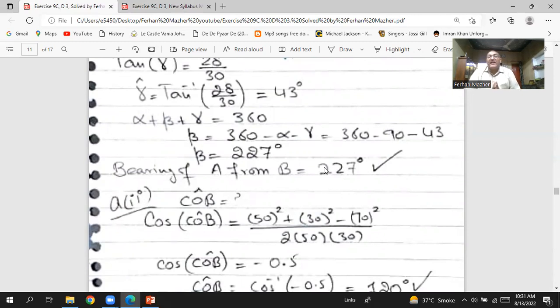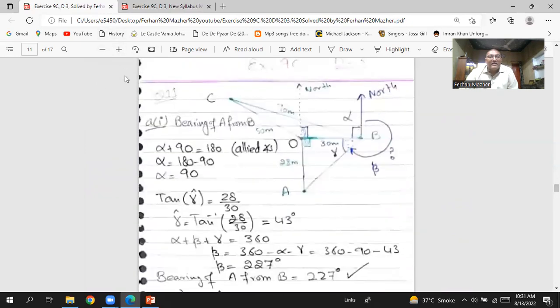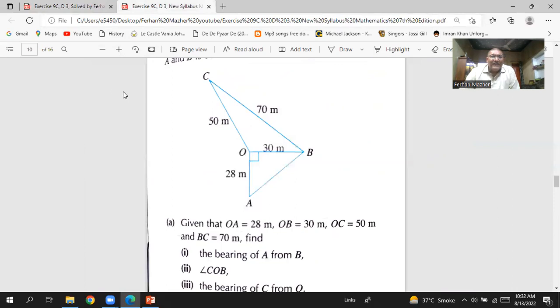So the bearing of the A from the B will be 227 degrees. So let me show you the whole thing. The whole first part is showing up on the diagram on your screen. So this is the strategy, and this is how we will execute that strategy. So that was the first part.